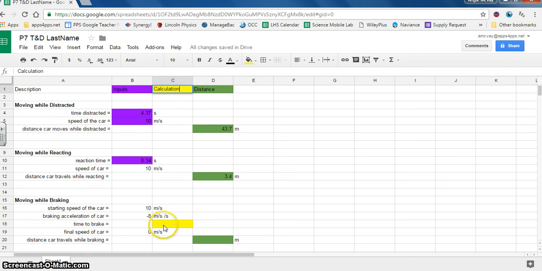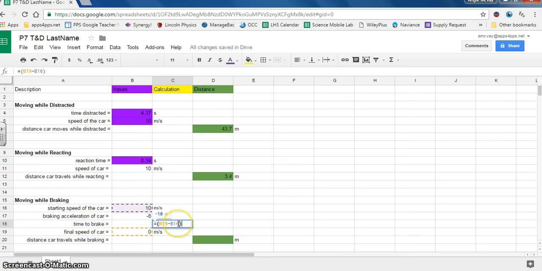First we need to calculate the time that it takes to brake. You should see that calculation on your system analysis page. When we did the algebra, we took the final velocity, the final speed of the car. So we need to put equals the final speed of the car minus the initial speed of the car, and I'm going to put those things in parentheses.